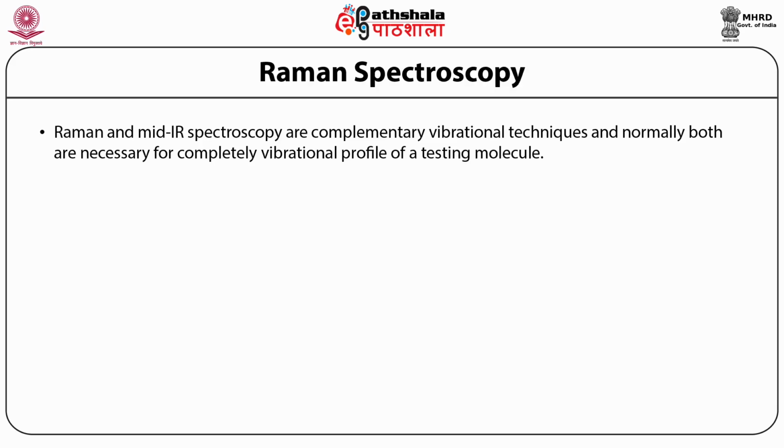Usually, Raman spectroscopy is for symmetric vibrations in non-polar groups, while IR spectroscopy is best suited for the asymmetric vibrations of polar groups. Raman spectroscopy is complementary to IR spectroscopy.